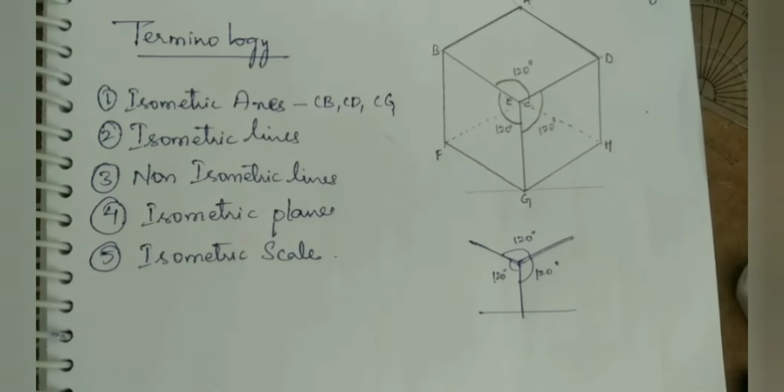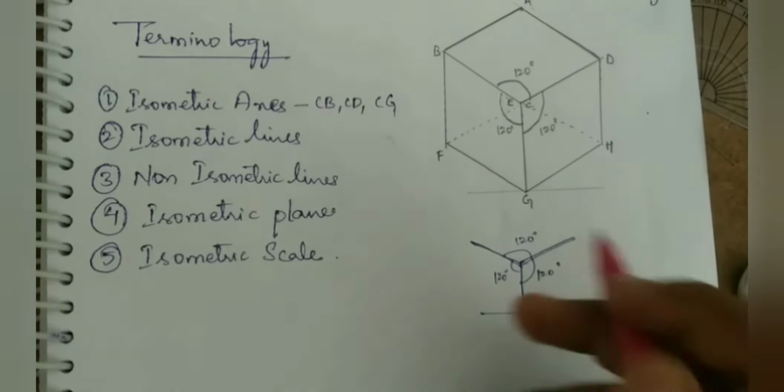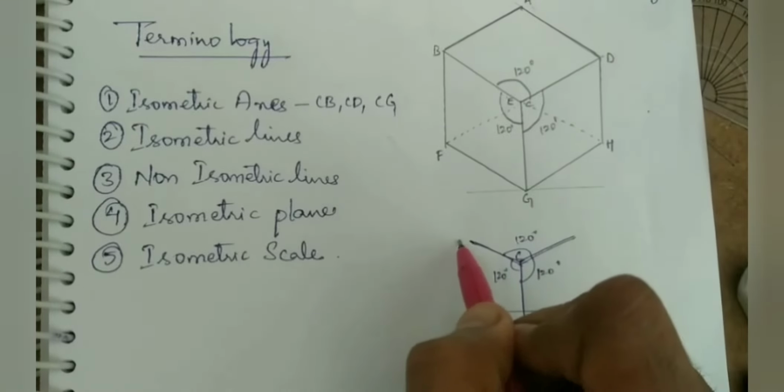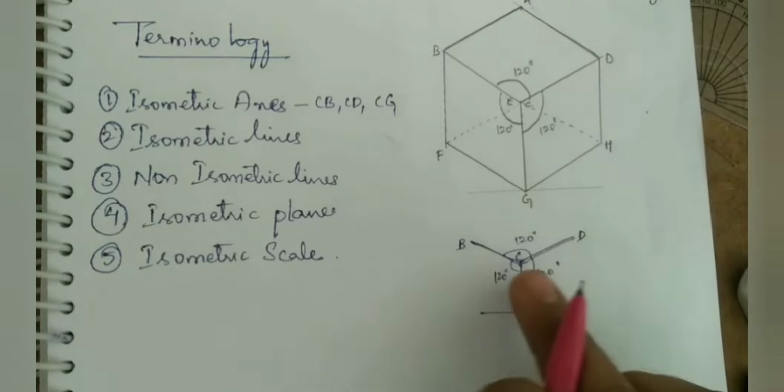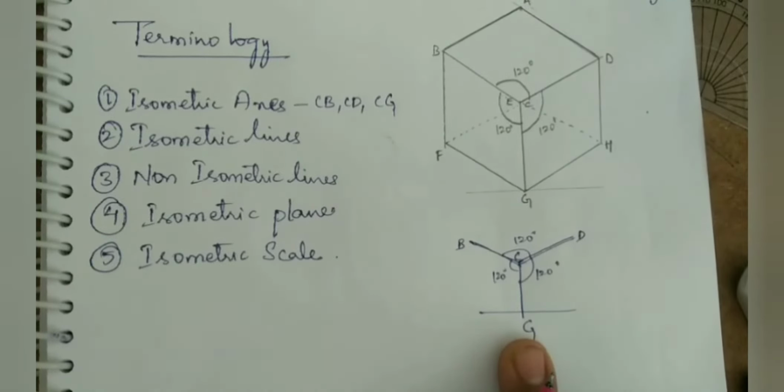And what is meant by isometric lines? The lines which are parallel to isometric axis are called isometric lines. For example, this is my point C, B, D and G. CB, CD and CG is my isometric axis.